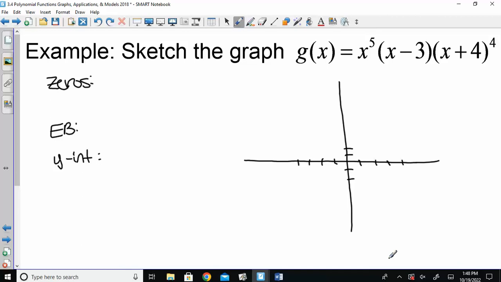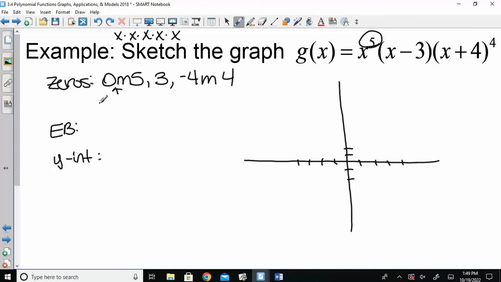The zeros, if it's already factored. When you have an x to the 5th, what makes that 0? 0. But since it was to the 5th power, that means it's multiplicity 5. X to the 5th is like saying you have x multiplied 5 times. So 0 works 5 different times. X minus 3, so that's just 3. And x plus 4 would be a -4 multiplicity of 4.